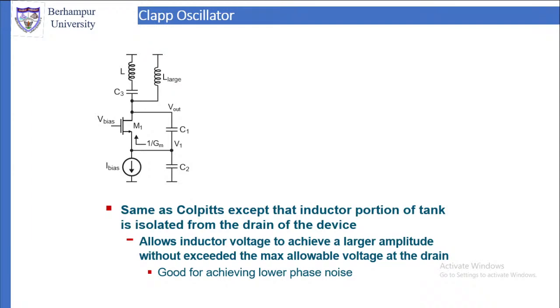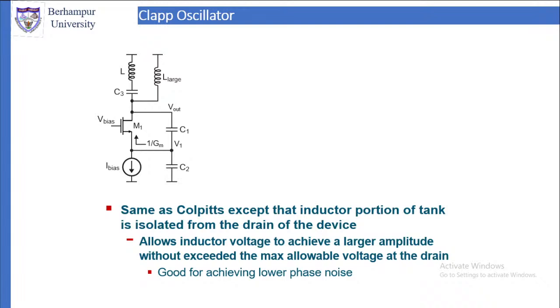And then the next oscillator is the Clapp oscillator. In the Clapp oscillator, you have three capacitances and one inductance. It is the same as the Colpitts oscillator, except that the inductor portion of the tank is isolated from the drain of the device. This allows inductor voltage to achieve a larger amplitude without exceeding the maximum allowable voltage at the drain.